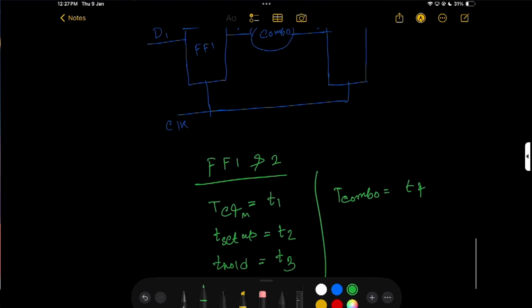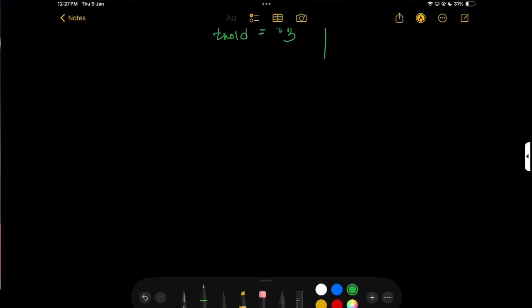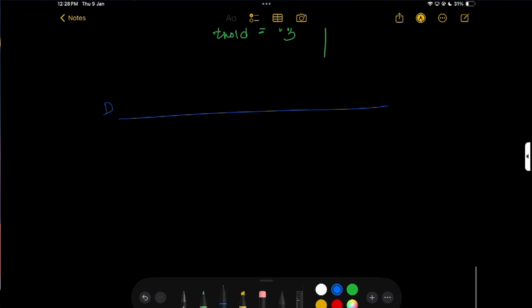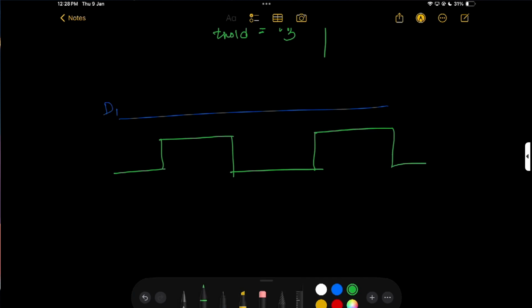So now I take a stable input, that is D1 here. If this is D1 and this is my clock, now I check the clock in this edge and this edge. Because I take a positive edge triggered flip flop, I check the previous edge.